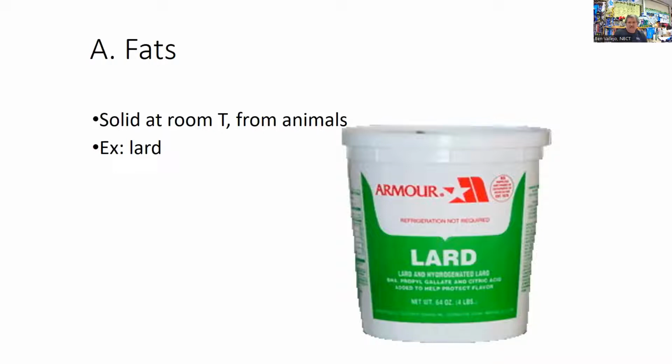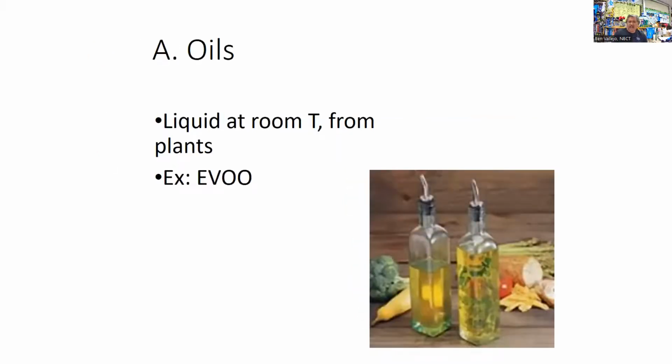Fats are solid at room temperature and typically come from animals, like this lard. And the oils are typically coming from plants, and they're liquid at room temperature. An example is EVOO, extra virgin olive oil. An example of an oil.